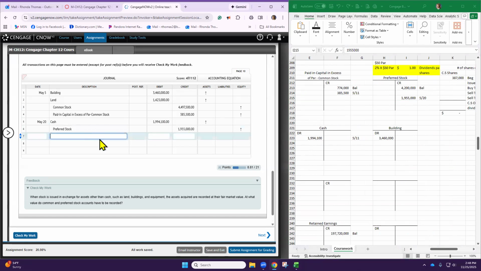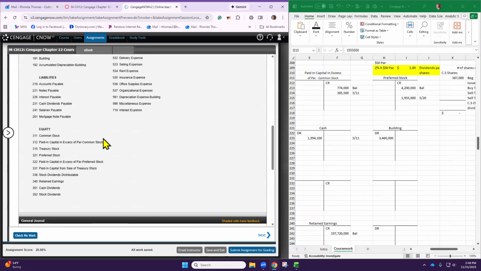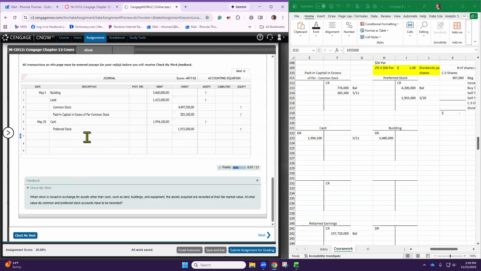And then the preferred stock paid in capital in excess of par. So the amount that it went over the par, that's what the excess is talking about. It is 39,100. So I believe that should be okay.